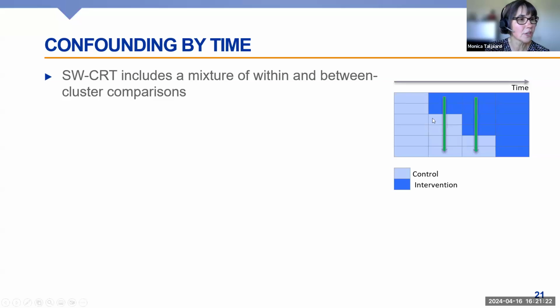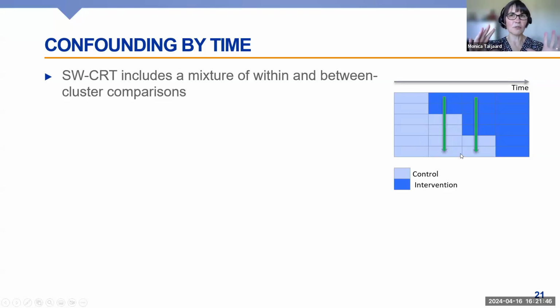So within these vertical periods, we compare clusters who have already implemented the intervention to clusters that are still waiting to implement the intervention. So we do have that concurrent control. In our analysis, it all comes out in the way that we analyze. We're comparing the blue cells to the dark blue cells to the light blue cells.